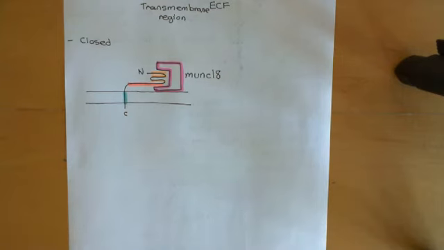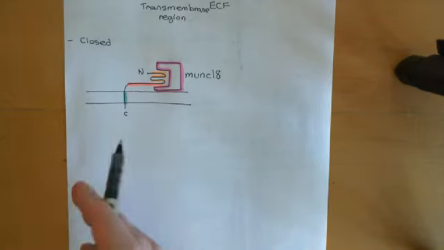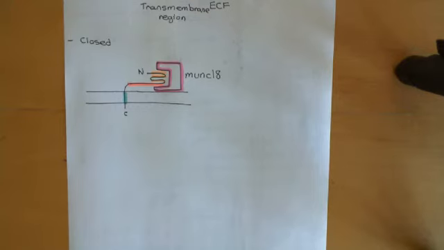MUNC18 is actually absolutely essential for exocytosis in synaptic terminals. If you knock MUNC18 out of neurons, then they no longer have any synaptic vesicle exocytosis, so its function is absolutely essential. So how do we reconcile this with MUNC18 locking syntaxin 1 in this closed conformation?